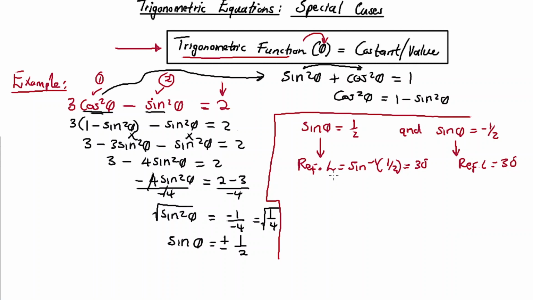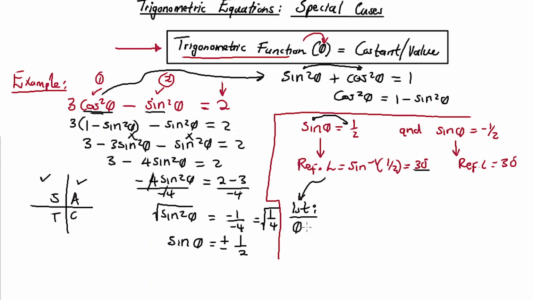For this one, I'm going to have two solutions. So using the CAST diagram, I'm going to locate the quadrants for our solutions. I have the reference angle. Now I have to ask myself, where is sine positive? Second quad and first quad. So we have two solutions, one in the first quadrant.